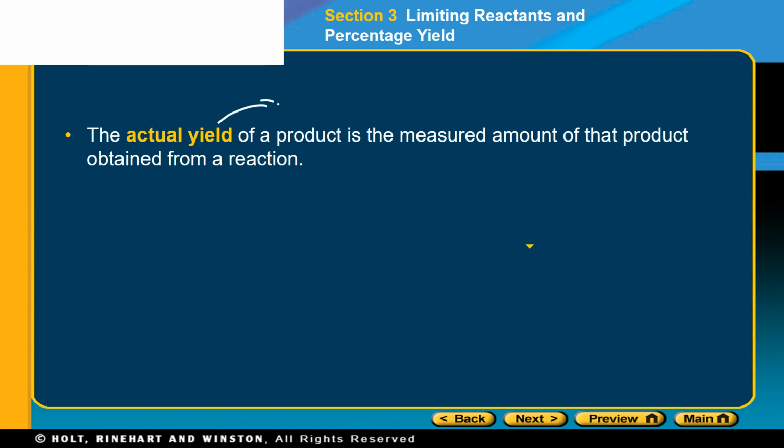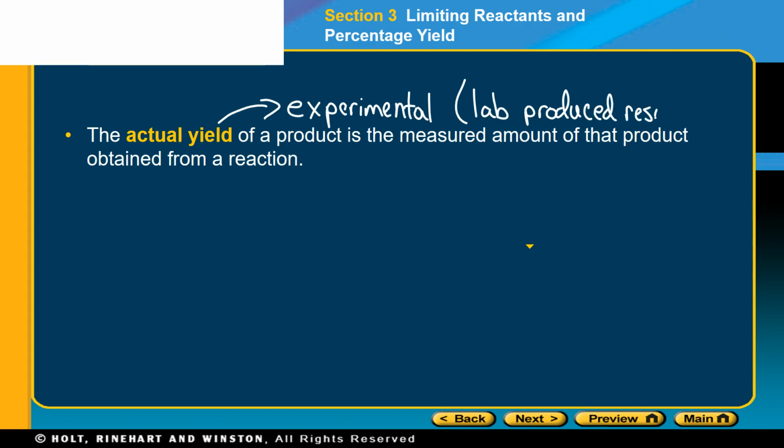Another term for this is experimental. So another name for actual yield is experimental yield.